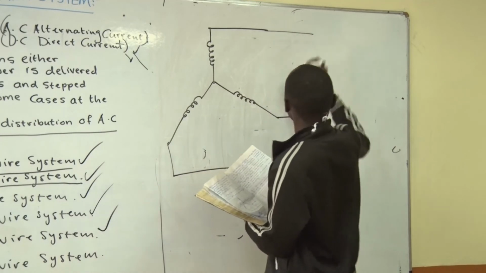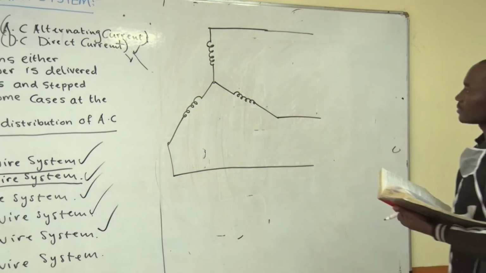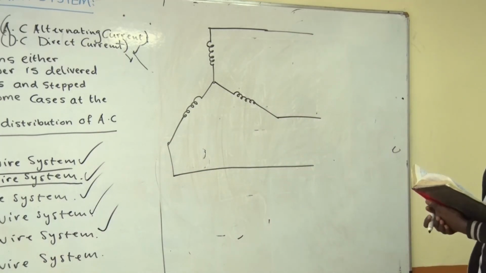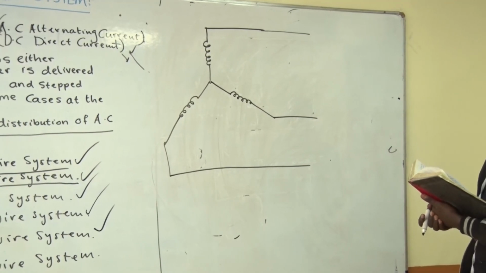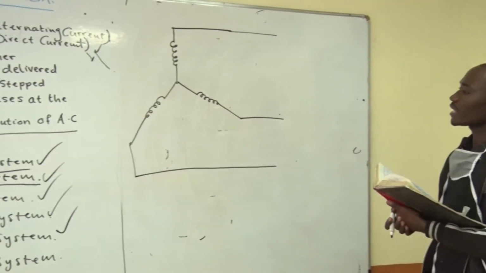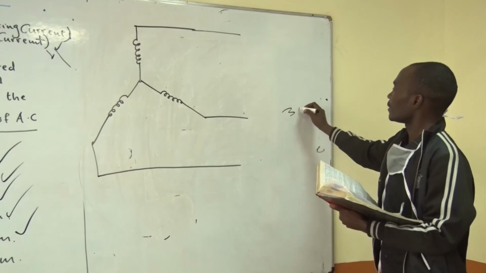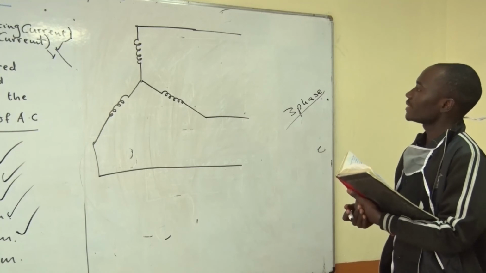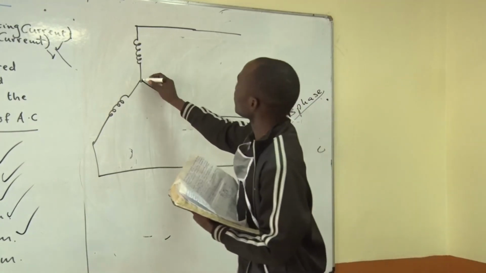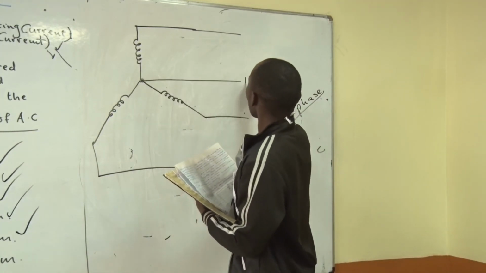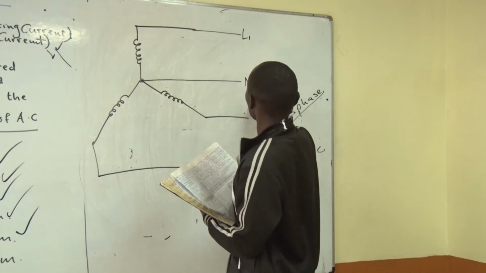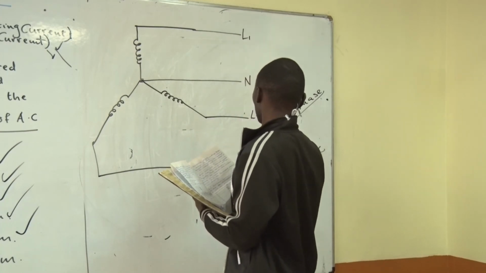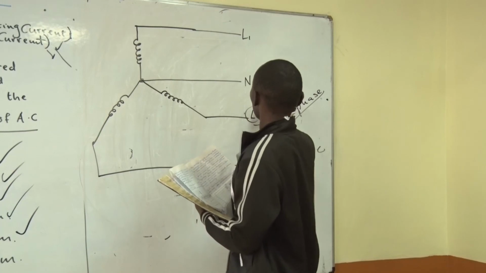When it comes to the 3-phase 4-wire system, you can see that for our case we have got 3 limbs. So for instance, you know that we will get our 3 phases from the incoming. Then from the outgoing, this is where we tap our neutral wire. So this is live 1, live 2, live 3.